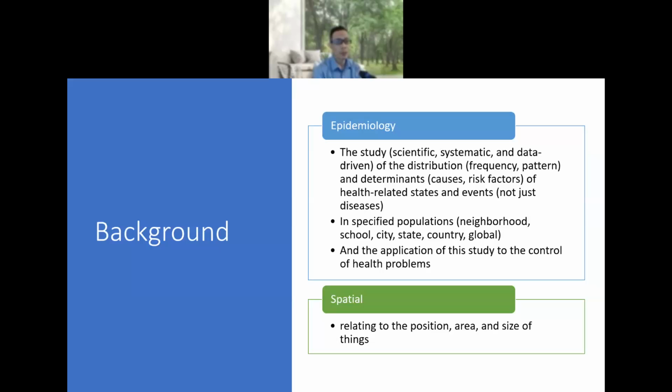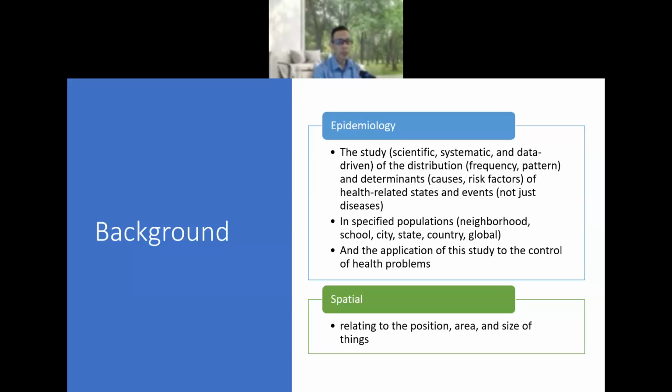So that includes risk factors and disabilities, and so on and so forth, in specified populations in the neighborhood, school, city, state, country, global, and the application of the study to control the health problems. So that is basically the definition of epidemiology.